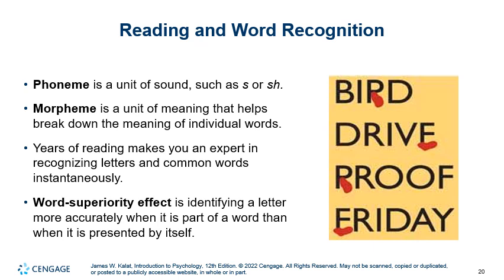This is something we do our whole life. We start early and keep learning how to read. The more you practice, the more of an expert you become at reading, where you start recognizing letters and common words instantaneously, even if they're twisted upside down.